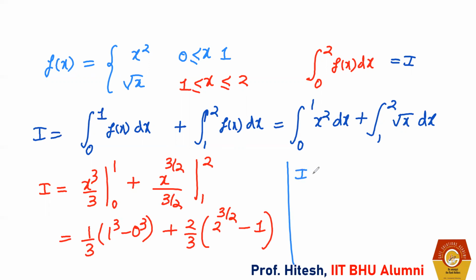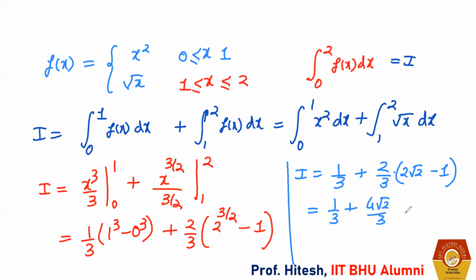So it will be 1 upon 3 plus 2 upon 3 and 2 to the power 3 upon 2 is 2 under root 2, minus 1. So 1 upon 3 plus 4 root 2 upon 3 minus 2 upon 3. So 1 by 3 minus 2 by 3 is minus 1 upon 3. So 4 under root 2 minus 1 upon 3. This is the answer we are getting.